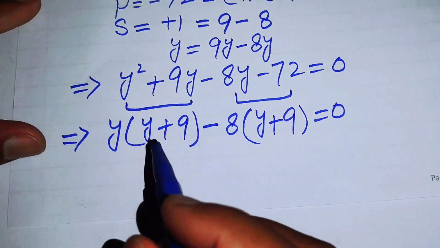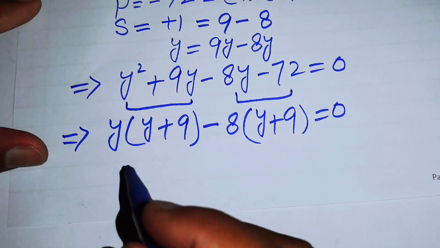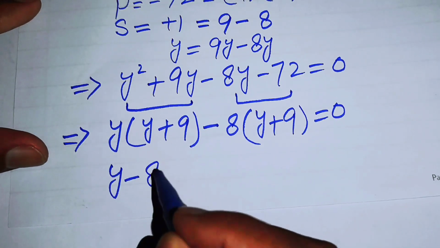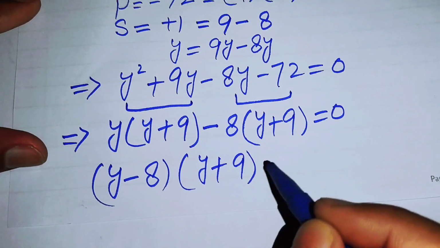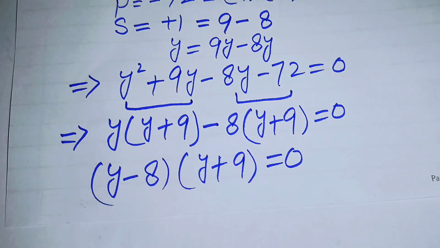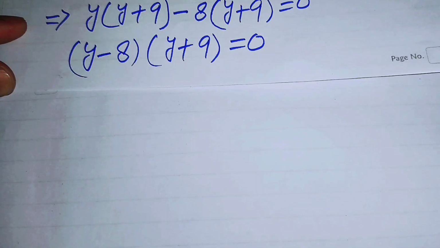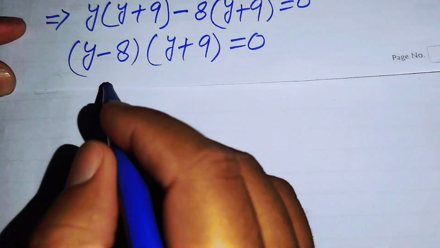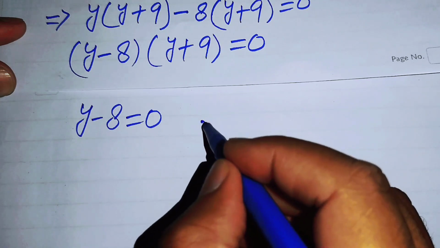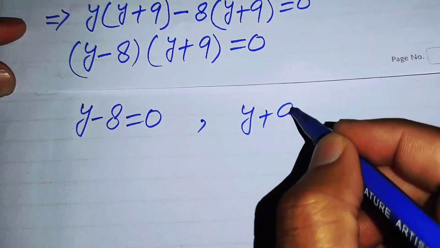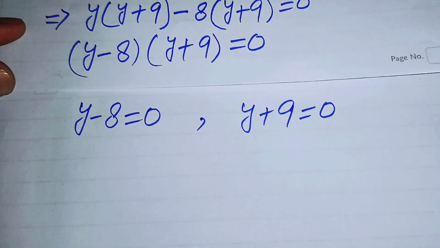Now we take common y plus 9 and you get y minus 8 times y plus 9 is equal to 0. Here we have two cases. The first case is y minus 8 is equal to 0, and the other case is y plus 9 is equal to 0.